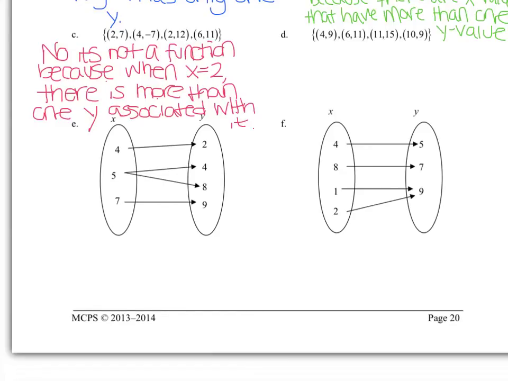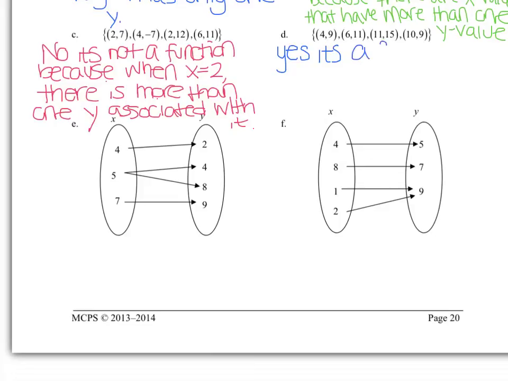All right, D. 4, 9, 6, 11, 11, 15, 10, 9. So this is a function because every x has only one y. I would not write because none of the x's are repeating. When you're saying yes, it is a function, use the definition of a function to help defend your answer.